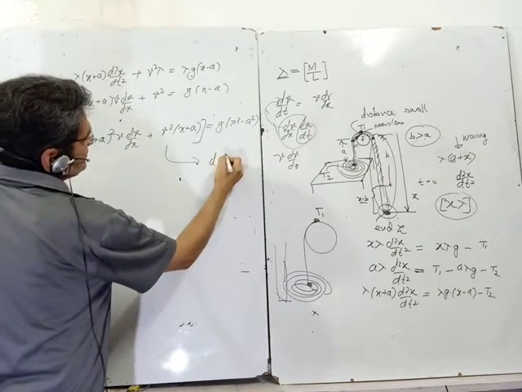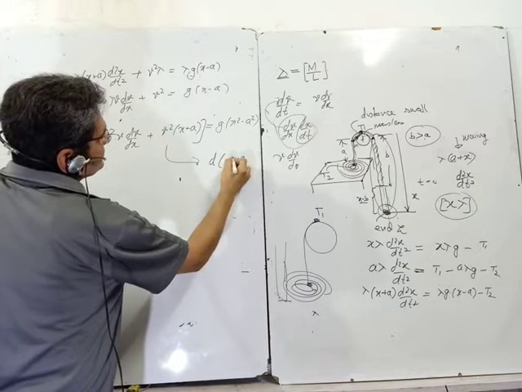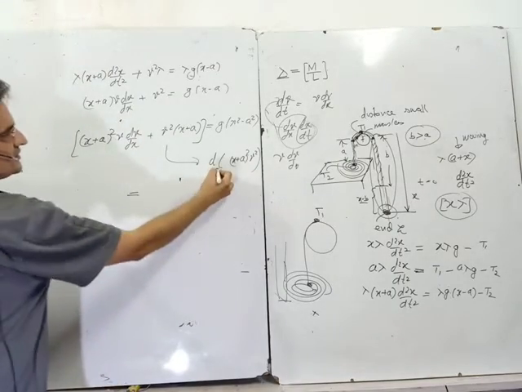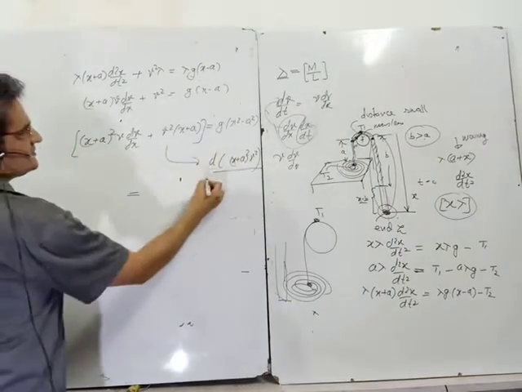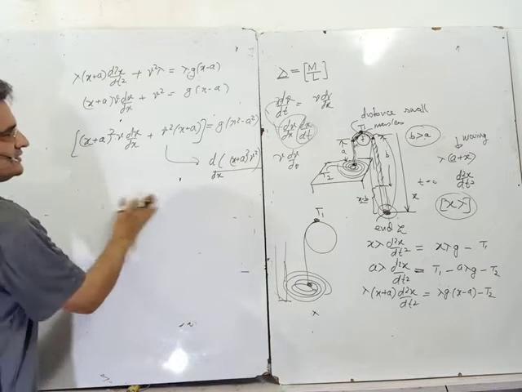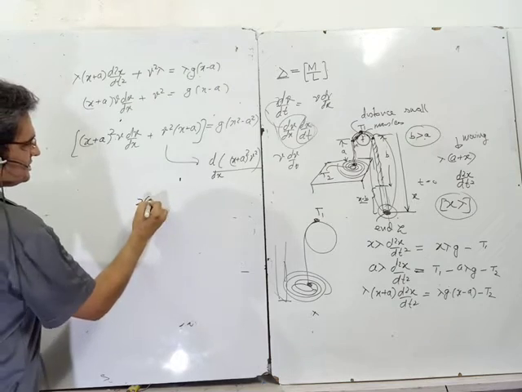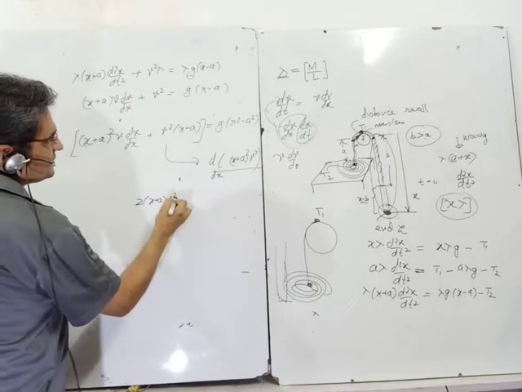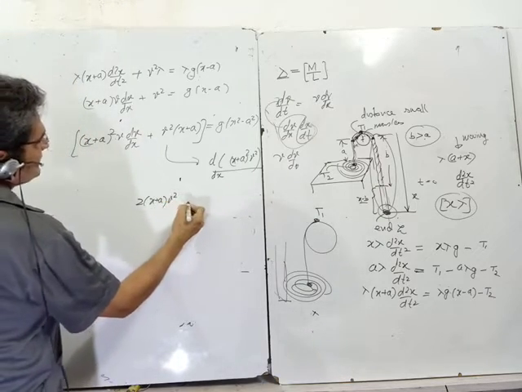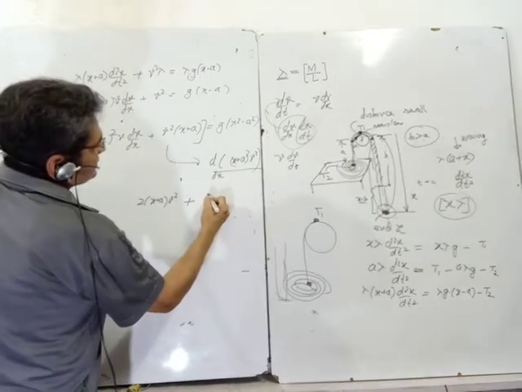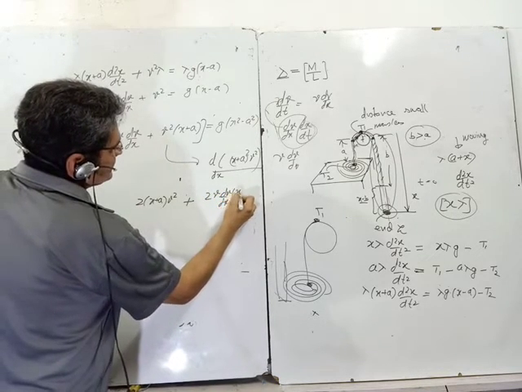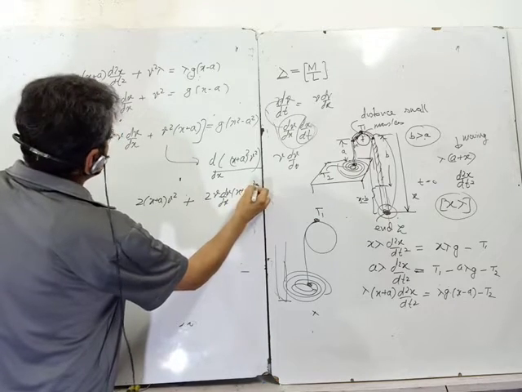If I write d of (x plus a) whole square into v square, what do I get? If I write d of this by dx, I get twice (x plus a) v square dx upon dx, plus twice v dv upon dx into (x plus a) whole square.